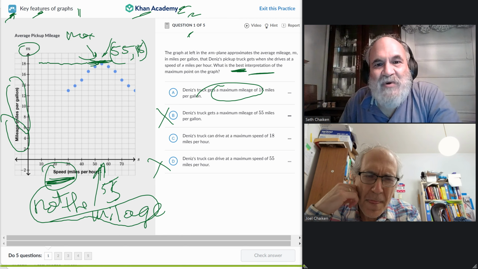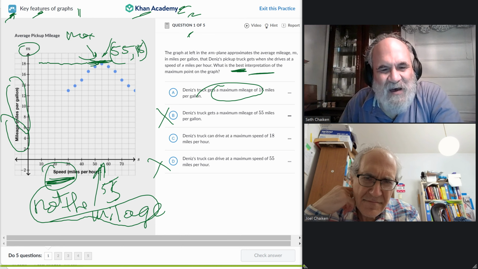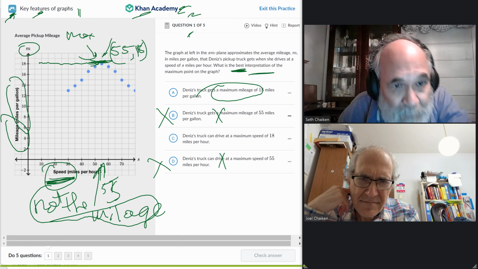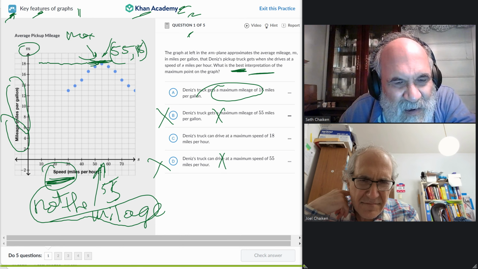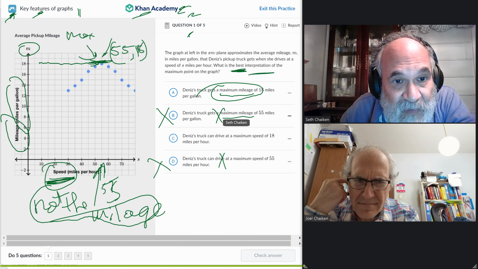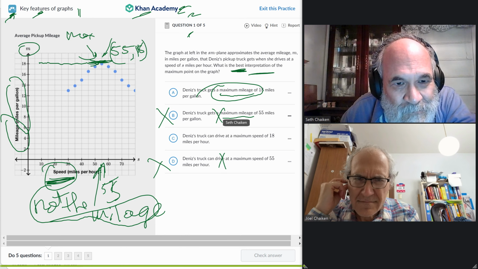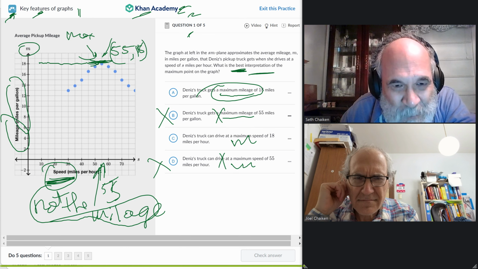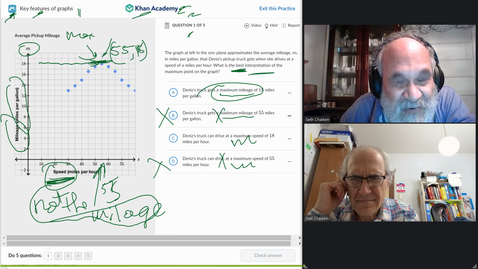What they did was take two quantities, maximum mileage and maximum speed, and then combine them with the two numbers.